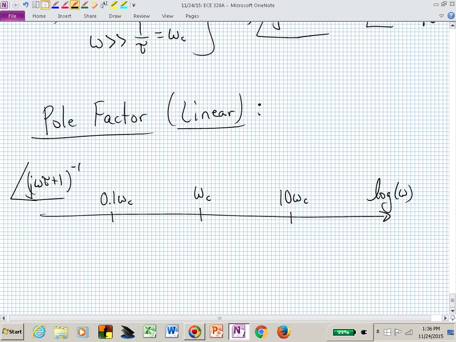That's roughly 1, and that has an angle of 0, doesn't it? So now we're right here. If we're a decade beyond omega c, where are we approximating that to be in terms of angle? 90, but since it's in the denominator, it's now minus 90.